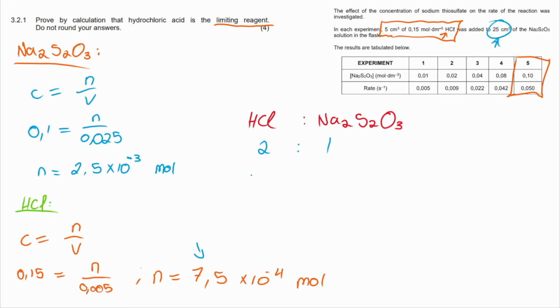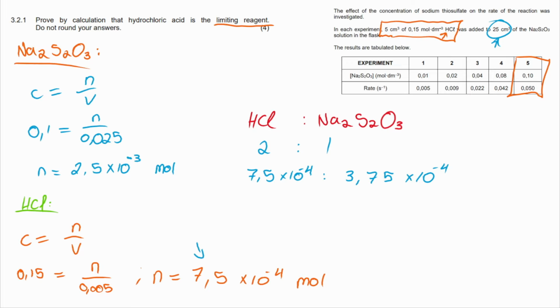Remember, we compare what I have to what I need. I have this many moles of hydrochloric acid. If I have that, this is how much sodium thiosulfate I'm going to need. So I take 7.5 times 10 to the minus 4, divide that by 2, and I get 3,75 times 10 to the negative 4.